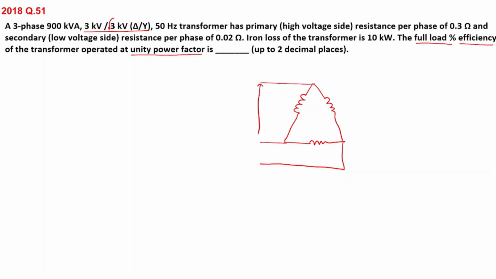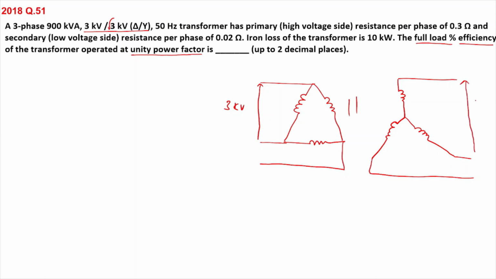And here it is 3 kV line to line voltage connected with a star in secondary. And here line to line voltage is root 3 kV.